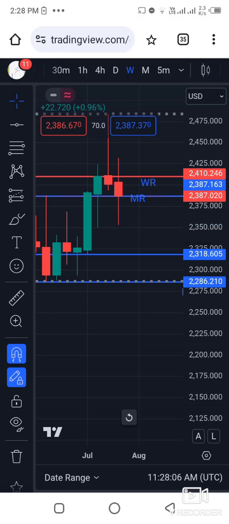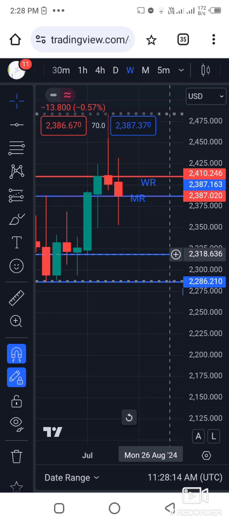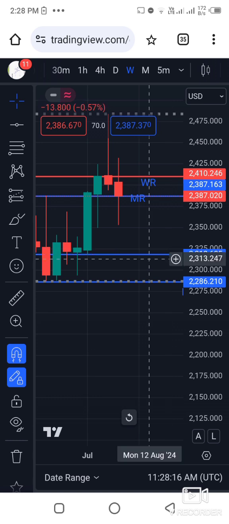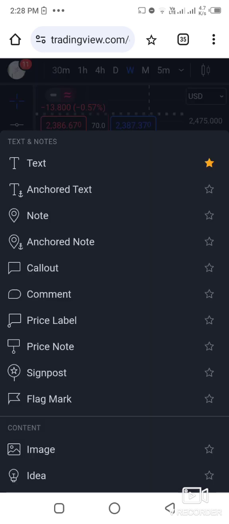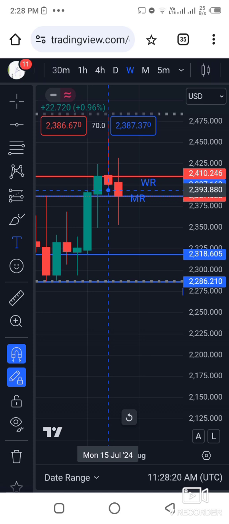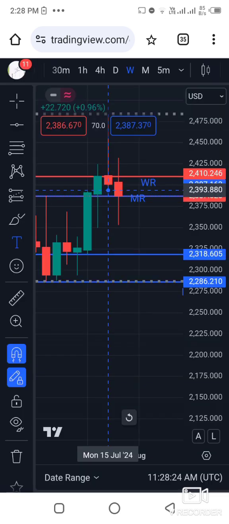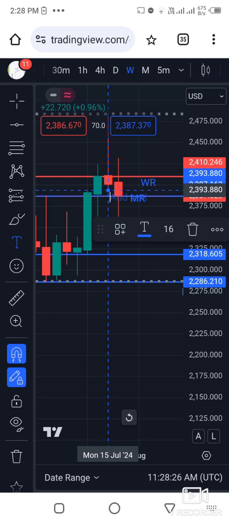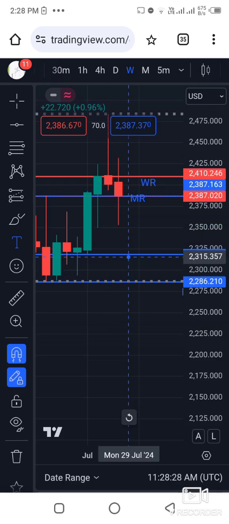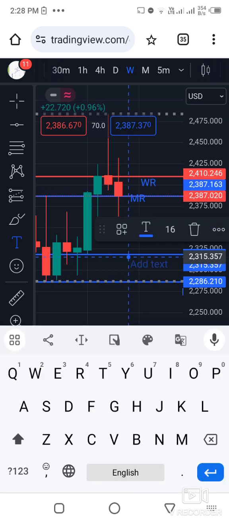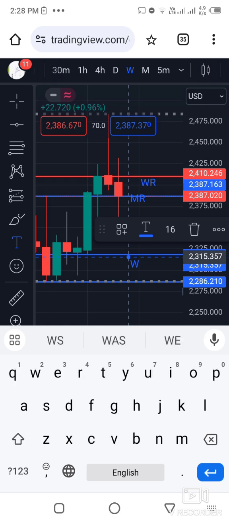Then we'll also mark our weekly support. You mark your latest support. So we have it here, our weekly support, or demand, whichever way you might want to call it.